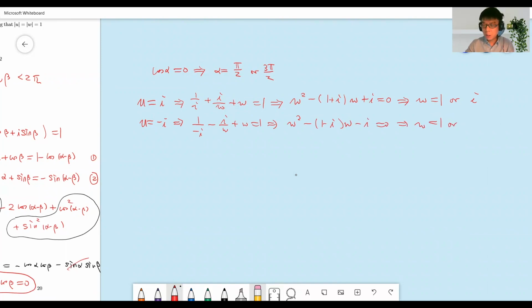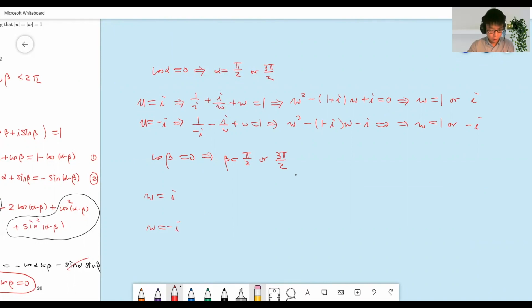This time it's minus i, because the sum of roots here is 1 minus i. And next we can discuss cosine beta equals 0. If cosine beta equals 0, we have angle beta equals pi over 2 or 3 pi over 2. Accordingly, we have w equals i or w equals minus i.